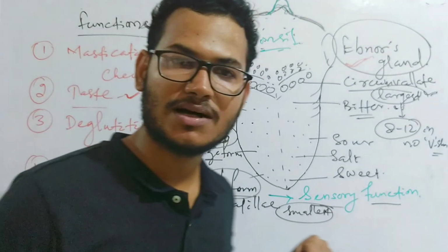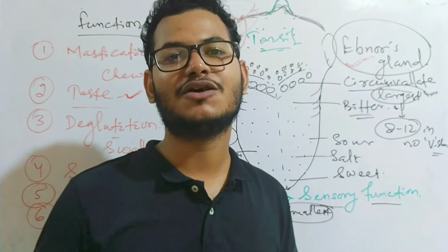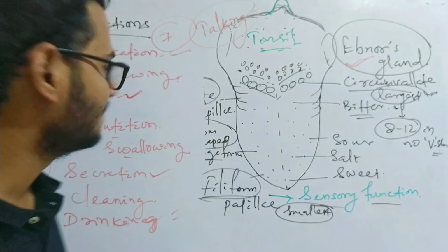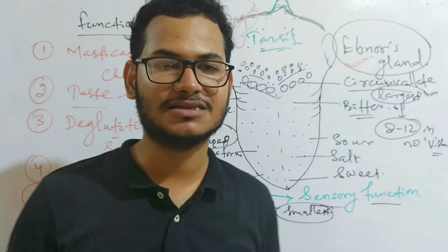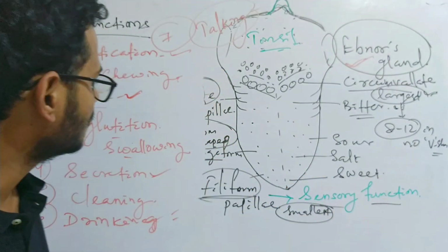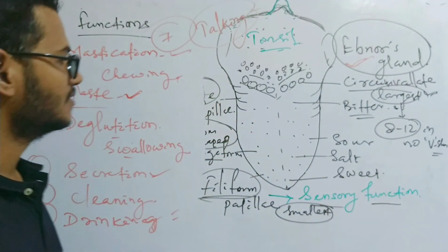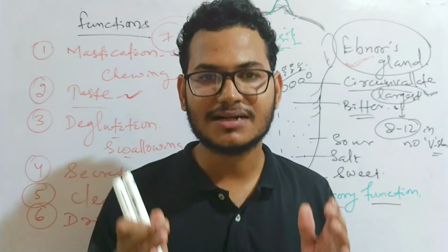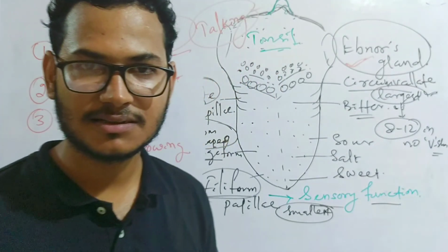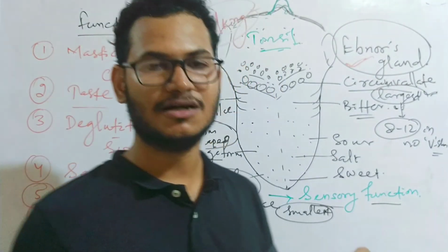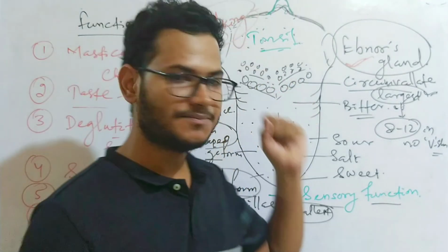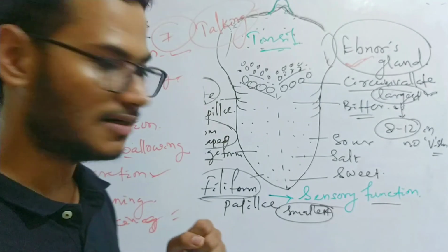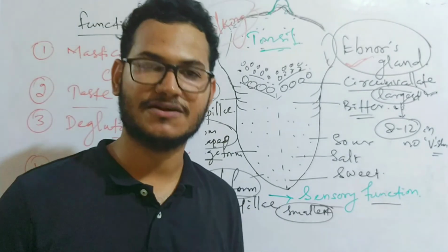That is the reason why in the beginning of this video I told you that the tongue is the most important structure in the buccal cavity. It has very important functions. So in this video lecture we understood what is the philtrum, what is the uvula, what is the frenum or frenulum, and what is the vestibule.